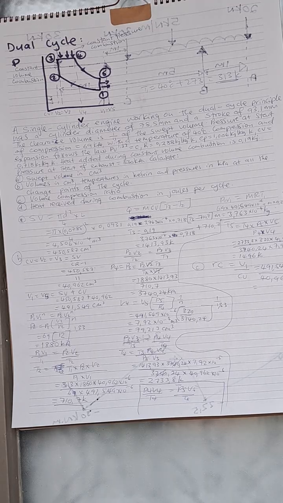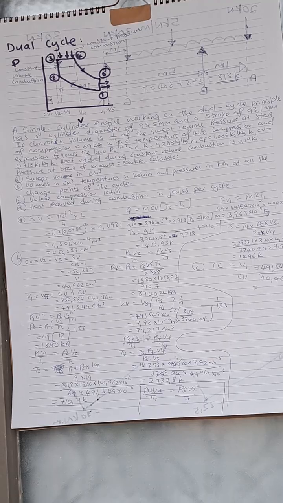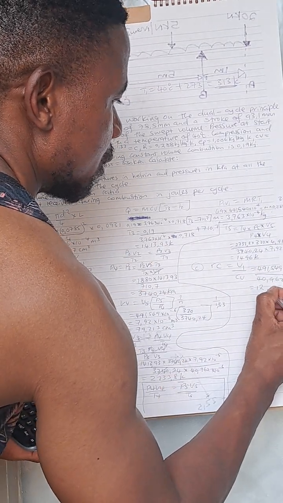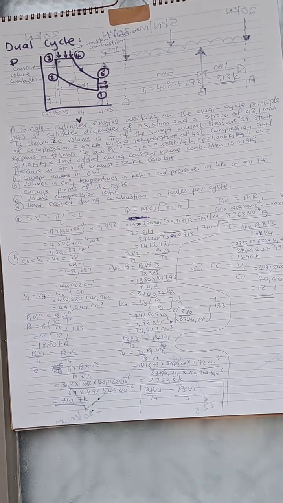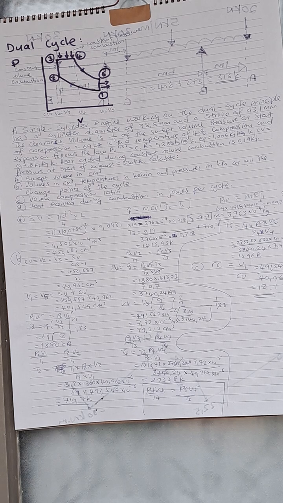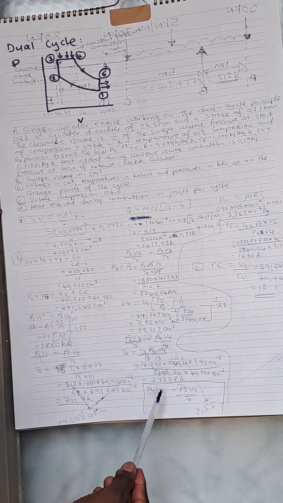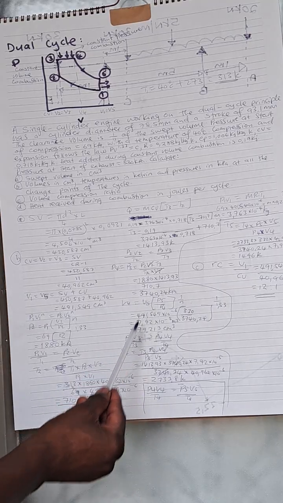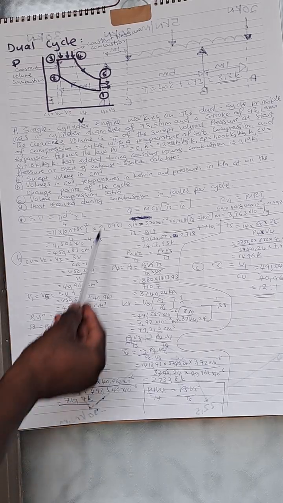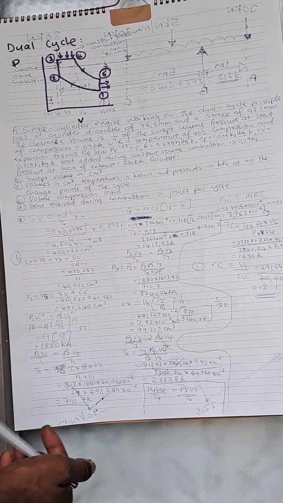So 491.549 divided by 40.962, my answer is 12:1. So that's my compression ratio. It now comes back to sum up that earlier on when we substituted, I substituted 12 there, because I used the ratio of the clearance, which becomes 12:1.